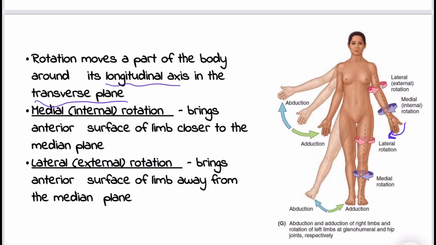Same goes with medial rotation of the leg towards the medial plane. Now, lateral or external rotation brings anterior surface of the limb away from the median plane. In this case, you're moving laterally, so away from the median plane towards that direction for the leg. And same goes for the arm, moving laterally away from the median plane.